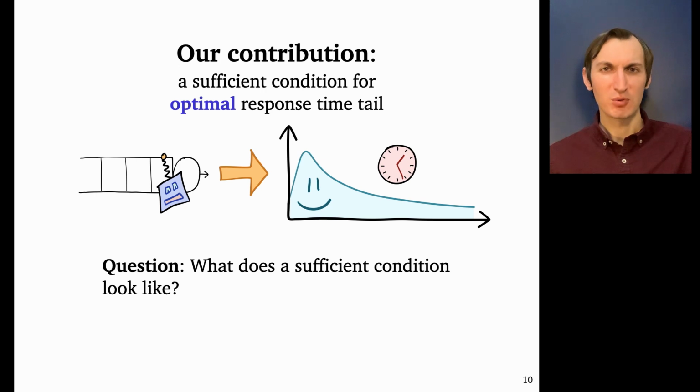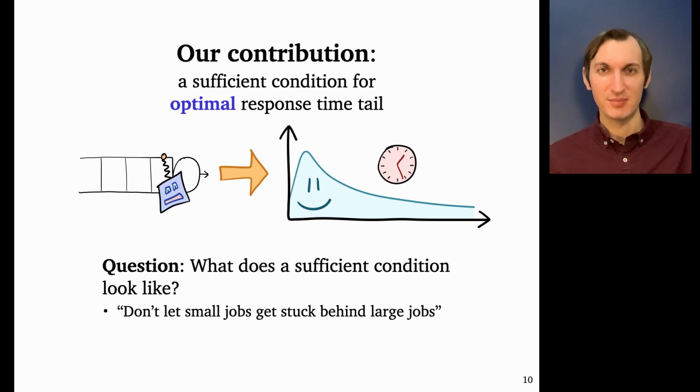The number 1 rule of scheduling is, don't let small jobs get stuck behind large jobs. We'd like our sufficient condition to basically say this, but in a more formal way. This is tricky because there are a lot of scheduling policies out there that have a really wide range of behaviors. How do we formalize this idea of not letting small jobs get stuck behind large jobs?